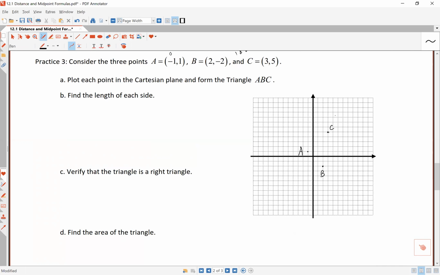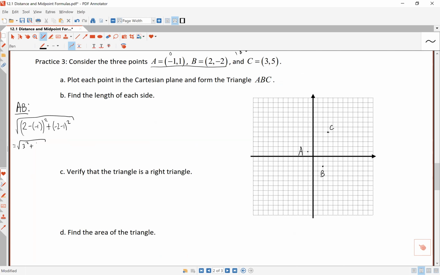Let's start with AB. AB, we take negative 2 minus negative 1 squared plus negative 2 minus 1 squared and the square root of that. 2 minus negative 1 is 3, squared is 9.